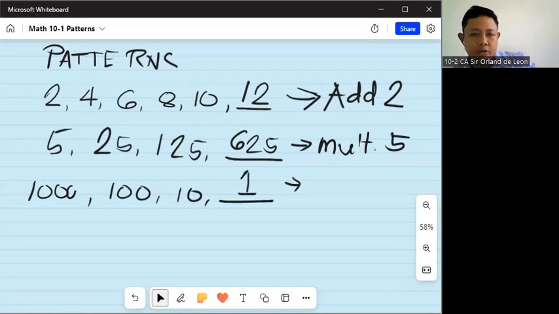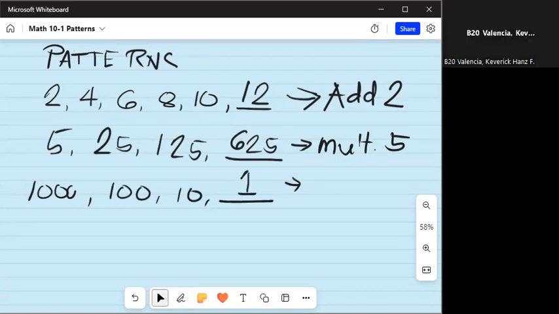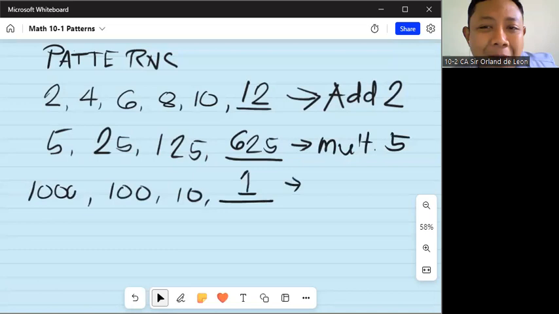Hans, what did you use? I don't know. How did you get the 1? Okay, try to understand the pattern. From 1,000, it became 100, it became 10, and after that 1. What did you use to get the next term? Hans, just make a wild guess, an intellectual guess.